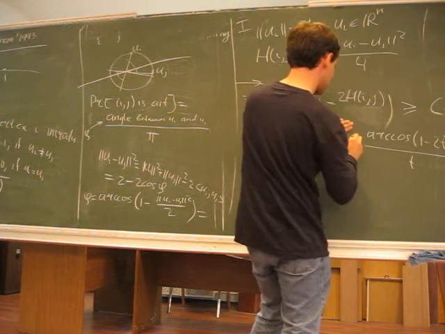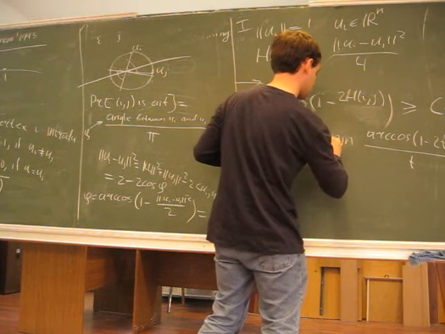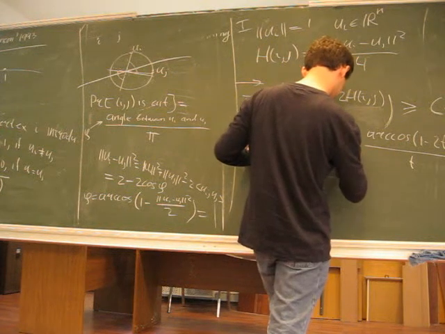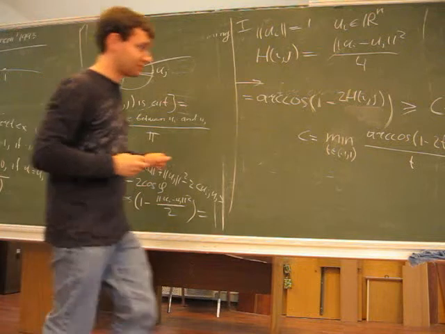You can draw the graph of arc cosine and show the line which goes here.